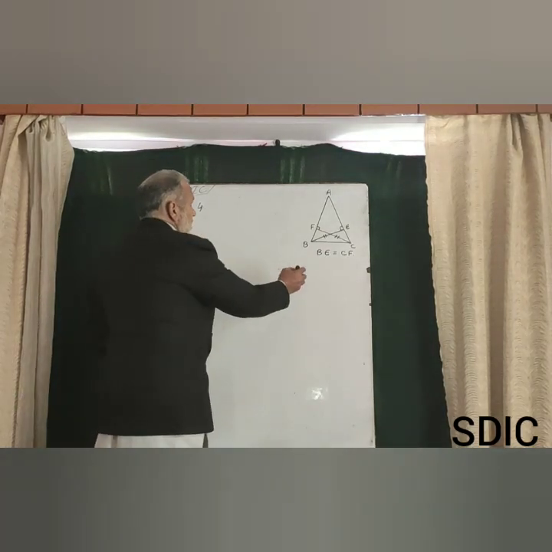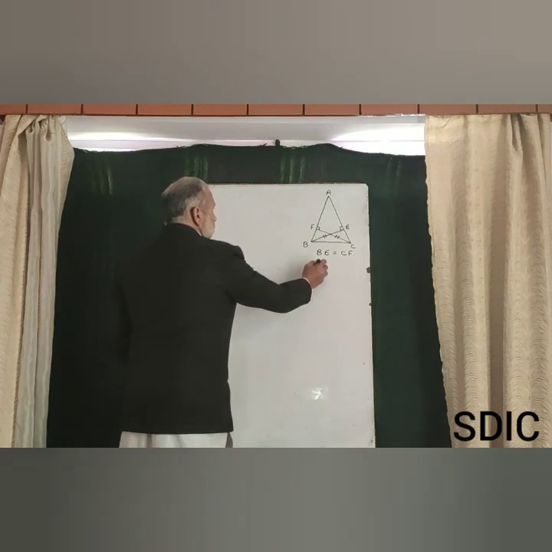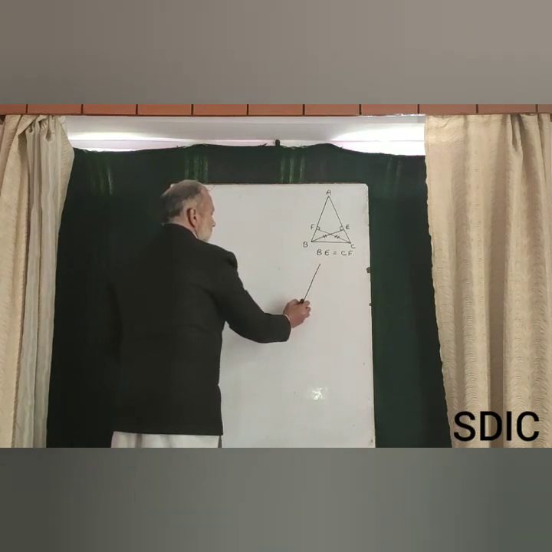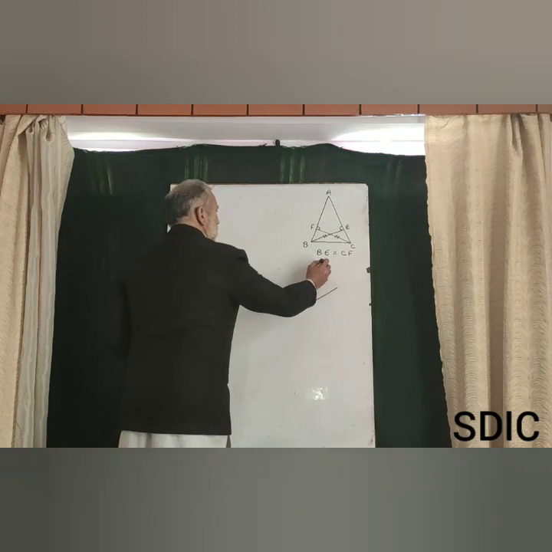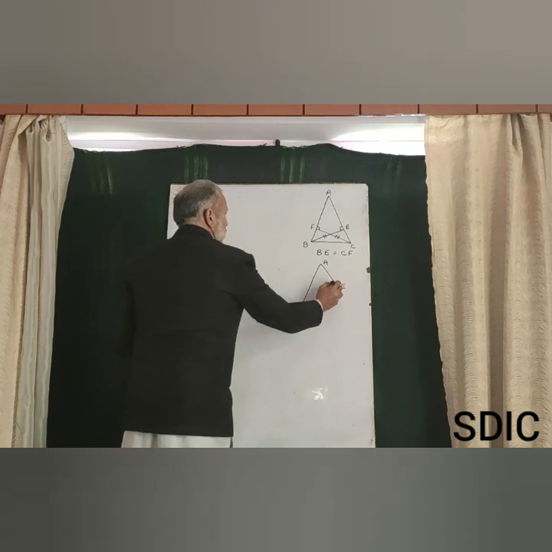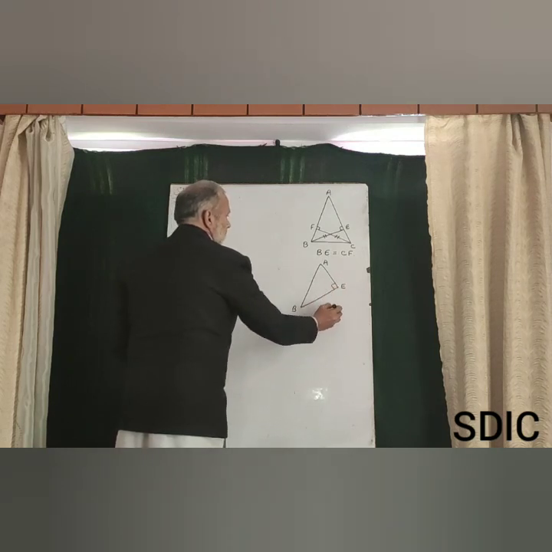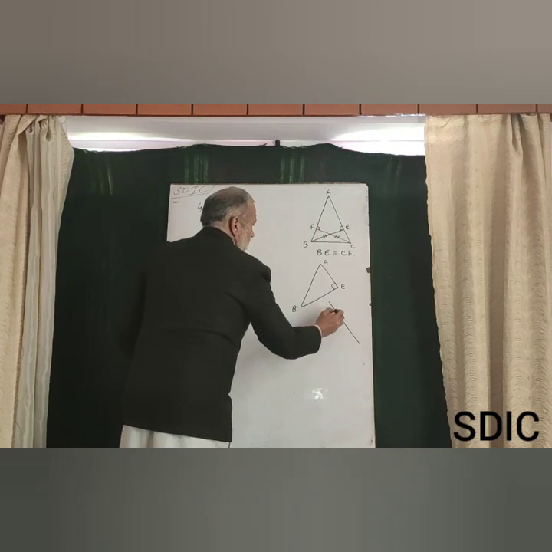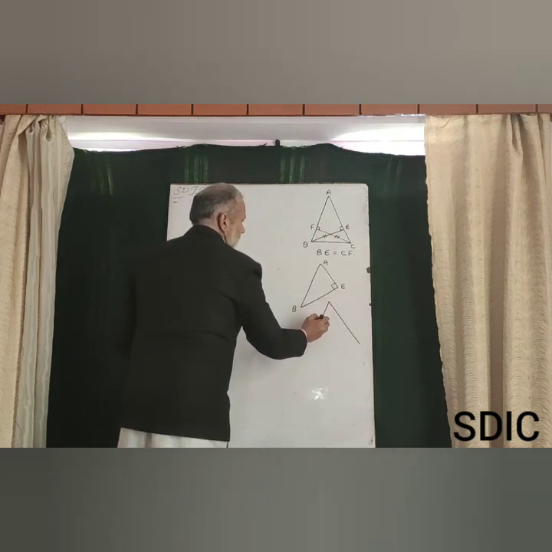Like the previous question, we will again choose the two triangles ABE and ACF, rough diagrams. We know angle at E is 90, and in triangle ACF angle at F is 90.